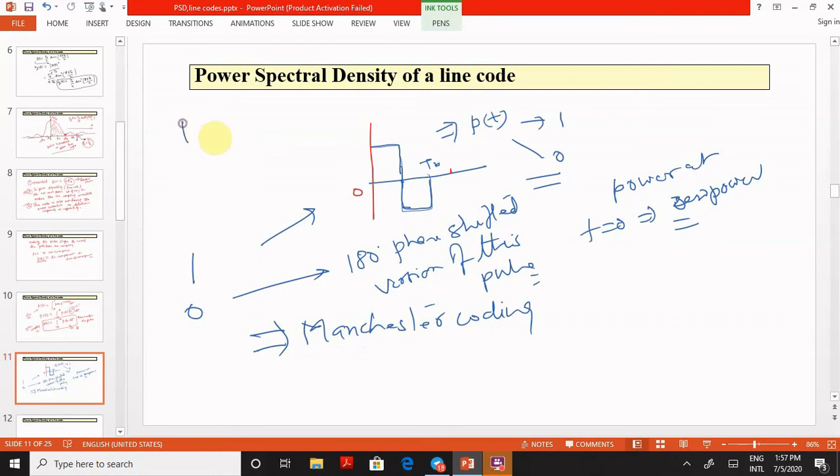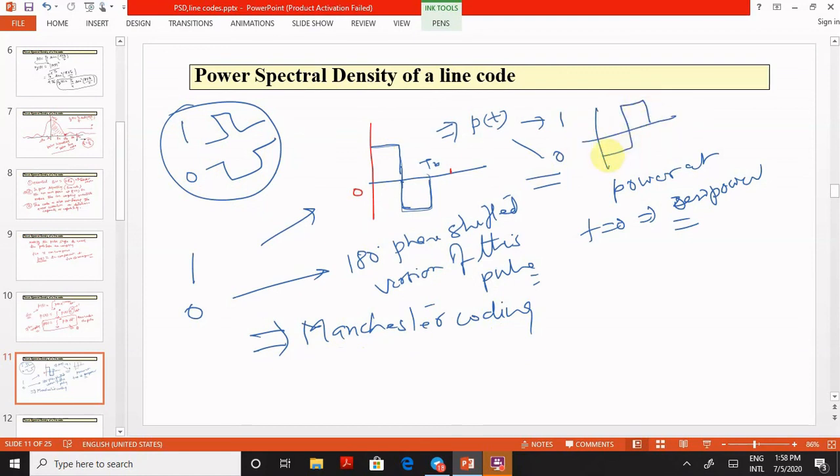Till now we are representing 1 by high pulse and 0 by a low pulse, right? We are doing this in polar signaling. Now what we'll do, we'll represent 1 by this pulse, and 0 by this pulse. This is 0 point and this is TB.